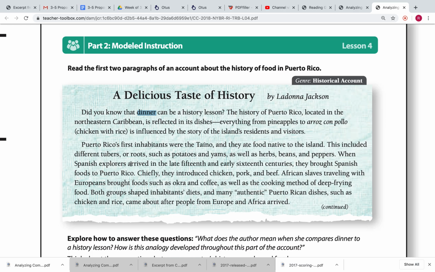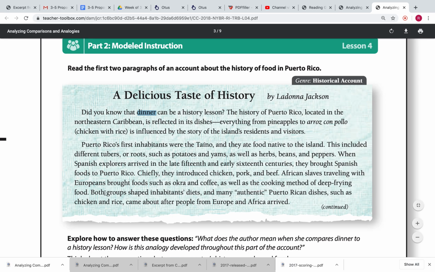When Spanish explorers arrived in the late 15th and early 16th centuries, they brought Spanish foods to Puerto Rico. Chiefly, they introduced chicken, pork, and beef. African slaves traveling with Europeans brought foods such as okra and coffee, as well as the cooking method of deep frying food.